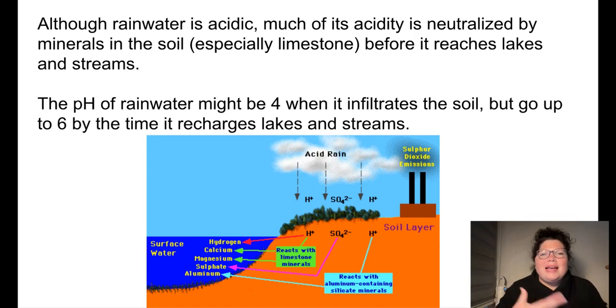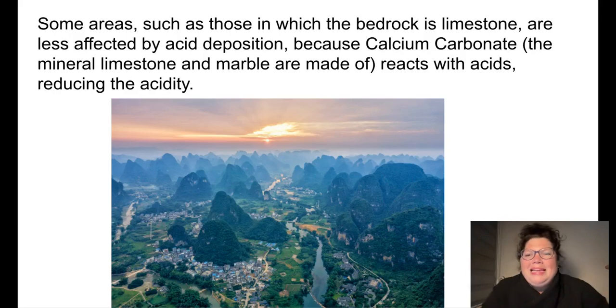So this is a fantastic ability that our natural systems have developed to deal with this acid rain. That means that some areas, like this one in China, are much less affected by acid deposition because they have so much calcium carbonate everywhere.